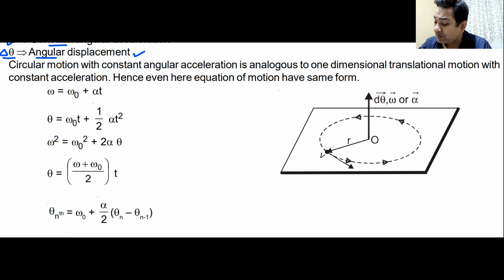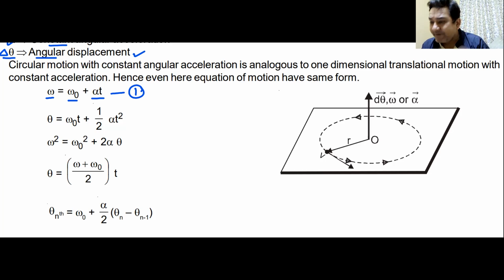Now if I look at equation number 1, it says omega is equal to omega naught plus alpha t. Omega is the final angular velocity, omega naught is the initial angular velocity, alpha is angular acceleration and t is time.